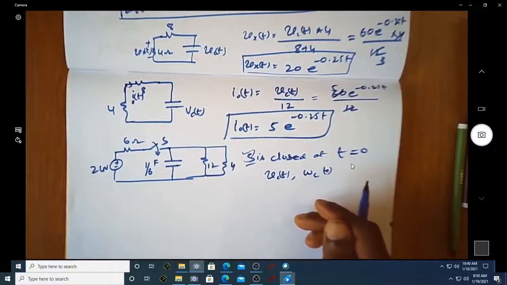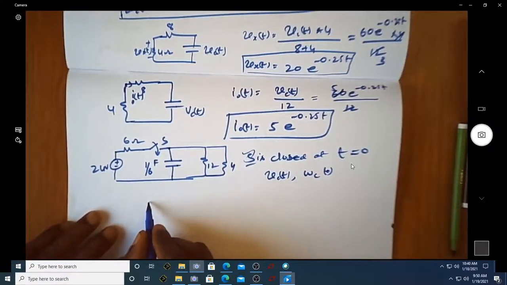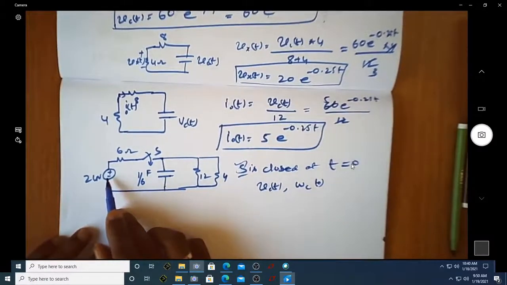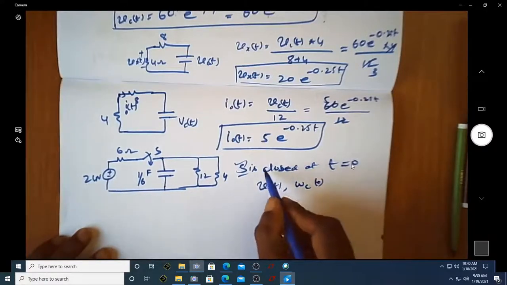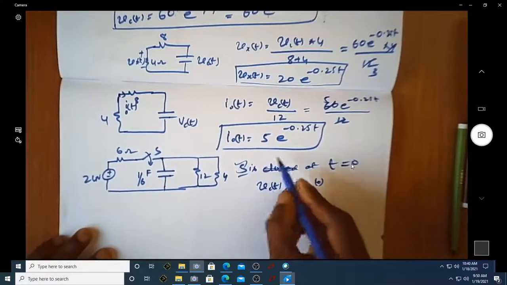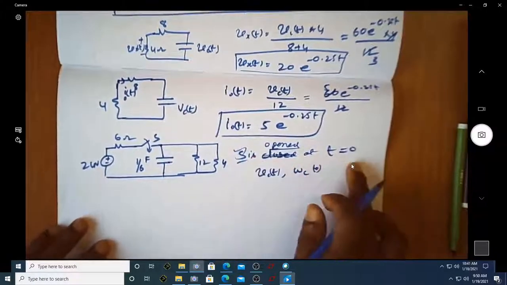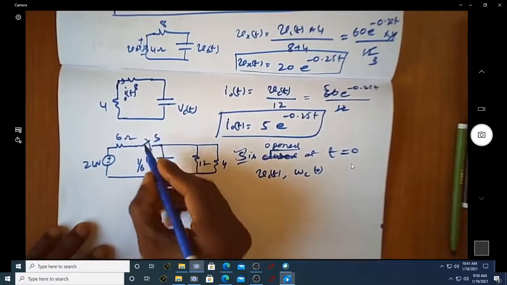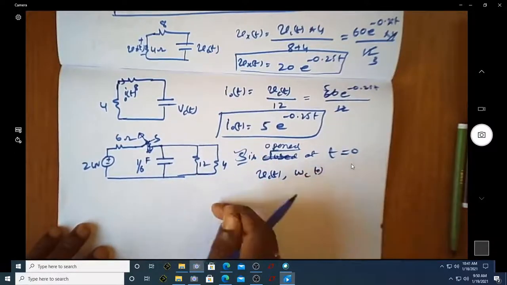To know what is the Vc of t, we know that even though we have a source here, sorry, the switch is not closed, it's actually opened. Switch is opened at t equal to 0. Initially it is closed, so at t equal to 0 second, I just open it.